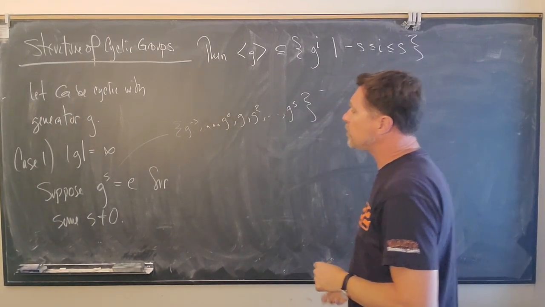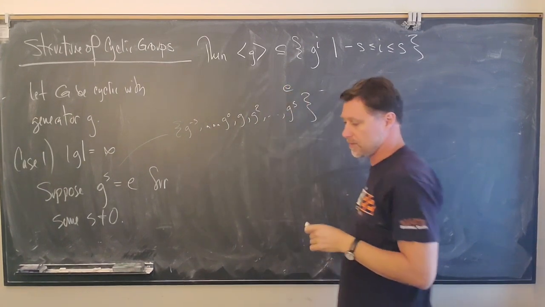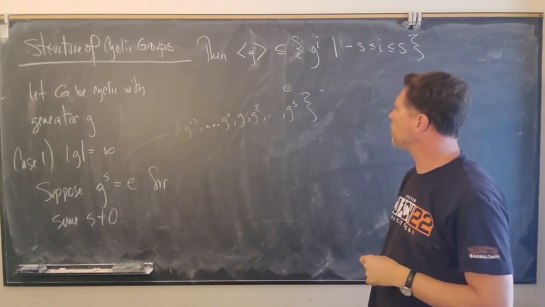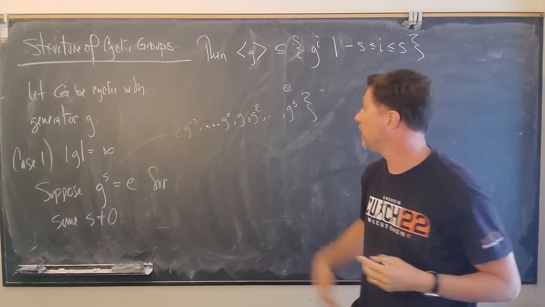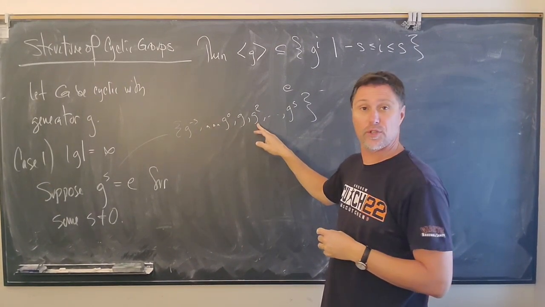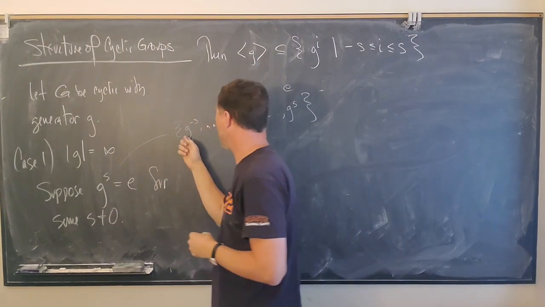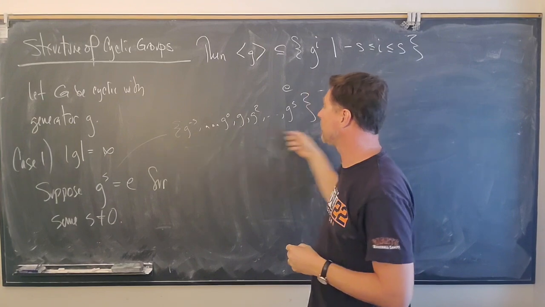And so if g to the s is the identity, then this becomes the identity. And then if you do g to the s plus 1, that gives you g again. And then g to the s plus 2 gives you g squared. So as you raise g to various powers, the only options are going to be these elements right here.